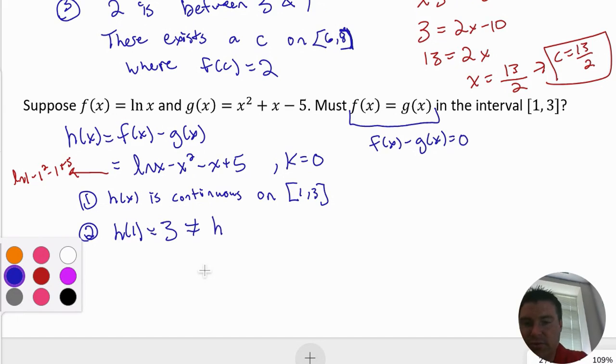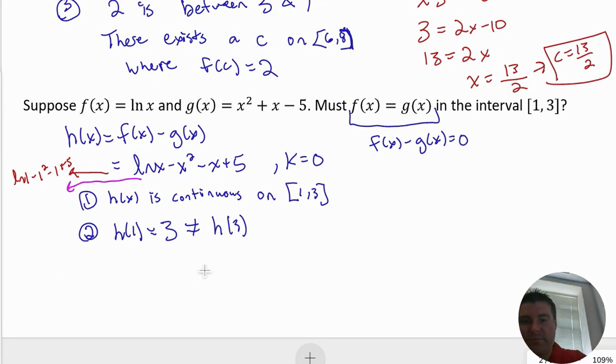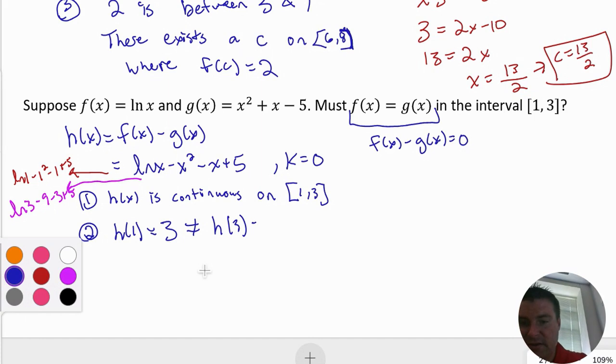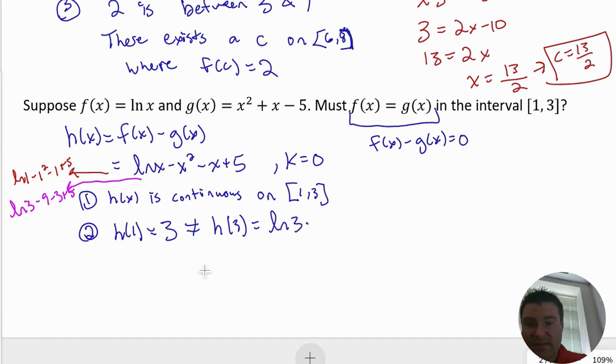Let's hope that's not equal to h of 3, which is a little bit tougher to solve for, so I'm going to do this one in the purple here. I'm going to get ln of 3, which is something I don't know what it is, minus 9 minus 3 plus 5. So that's going to give me an answer of ln of 3 minus 7.